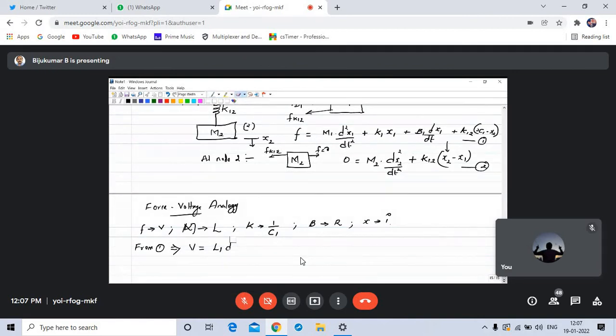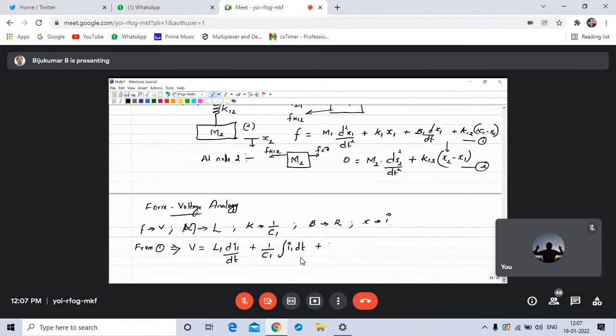If you are using charge, there will be square, right? So we get L1 into dI1 by dt. Since we have two displacements in the mechanical system, correspondingly there will be two currents, I1 and I2, right? Plus K1 x1 can be written as 1 by C1 integral I1 dt, plus B1 into dx1 by dt.